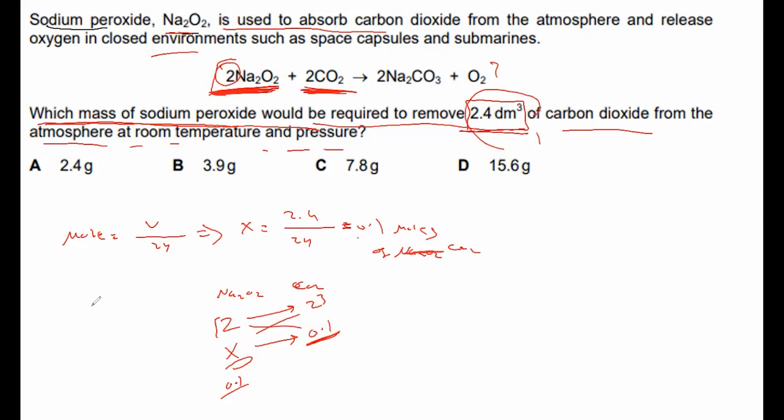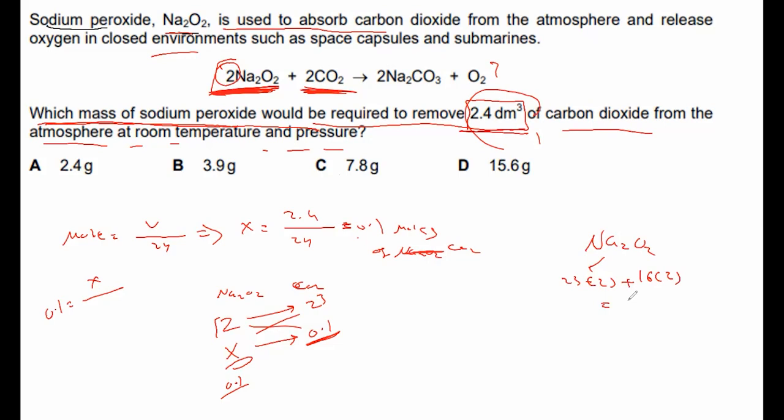So we need the mass. Mole equals mass, which is unknown, over the molar mass of Na2O2. Na is 23 times 2 plus 16 times 2.